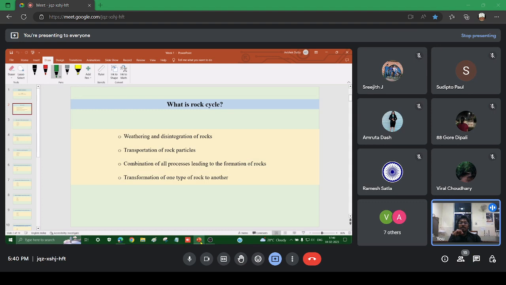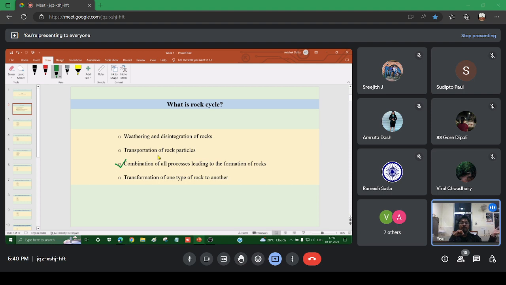Option C is a combination of all processes leading to the formation of rocks. Yes, the correct answer is option C. As per the first option, weathering and disintegration of rocks is a part of the rock cycle. Option B is transportation of rock particles.